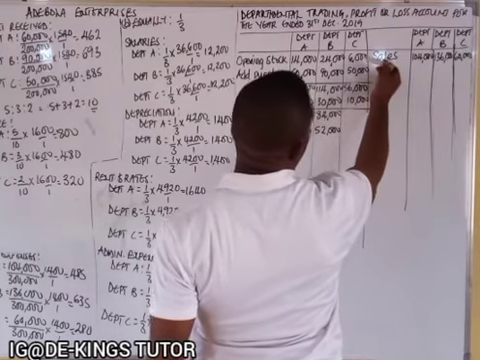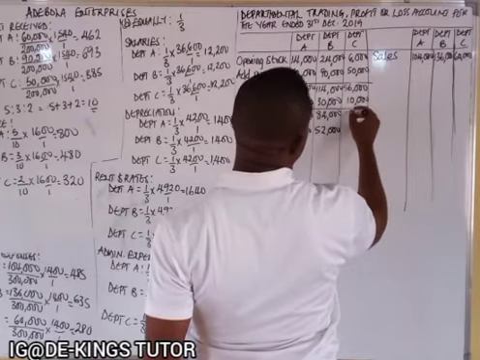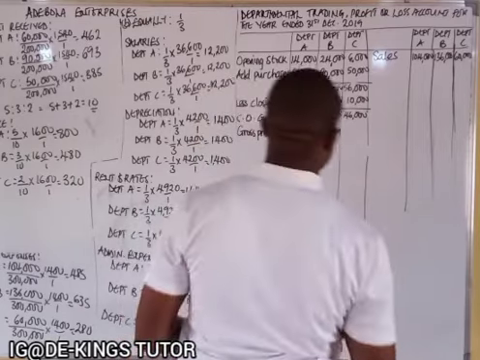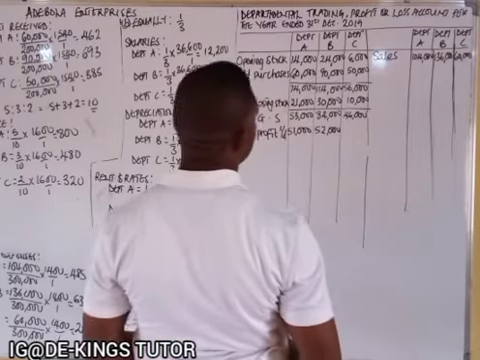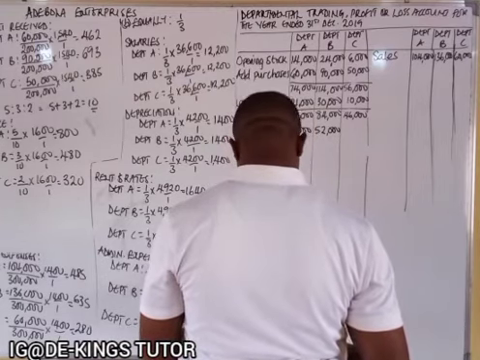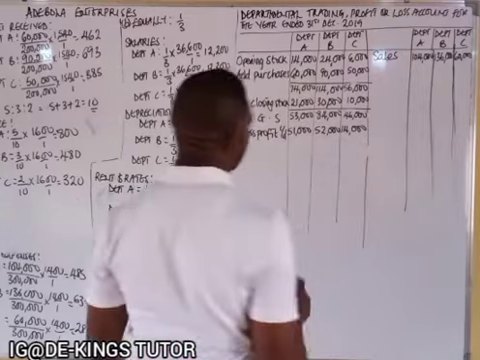So 56,000 minus 10,000 is 46,000. Okay, so we are in line now. 60,000 minus 46,000 will give us 14,000. That's our gross profit.